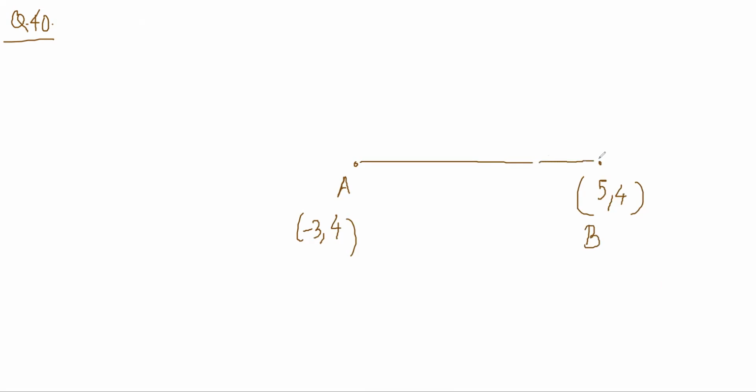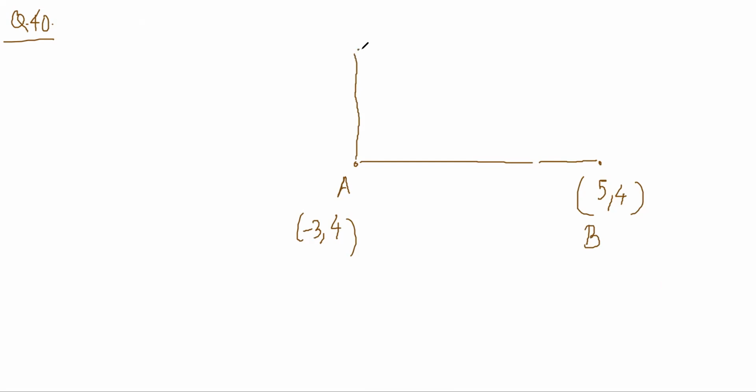Okay, question 40. One of the diameters of the circle circumscribing the rectangle ABCD is this. If A and B are the points given, A is (-3, 4) and B is (5, 4). This is a rectangle, so now I know the whole rectangle.